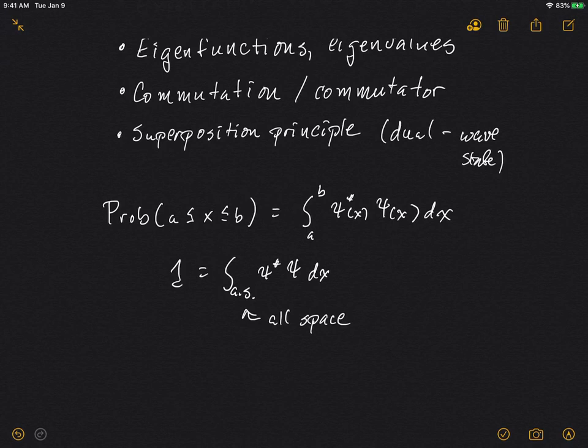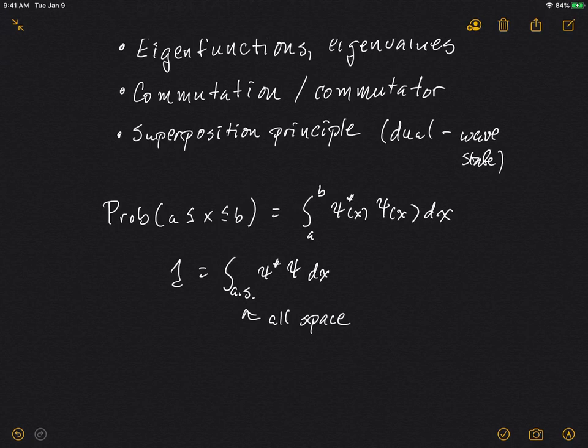So in order to be able to apply the Born interpretation and to make probabilistic statements about where our particle is, we're going to have to fix the wave function, and that means we have to normalize the wave function.